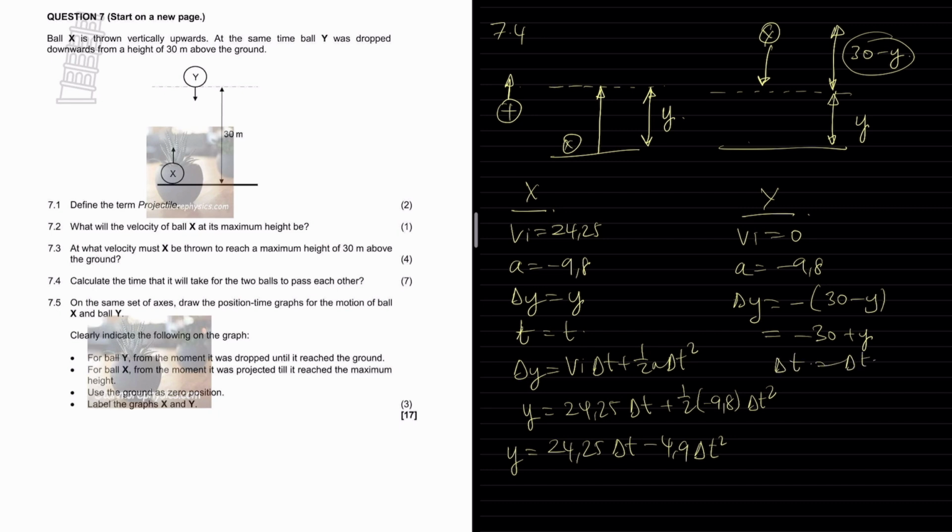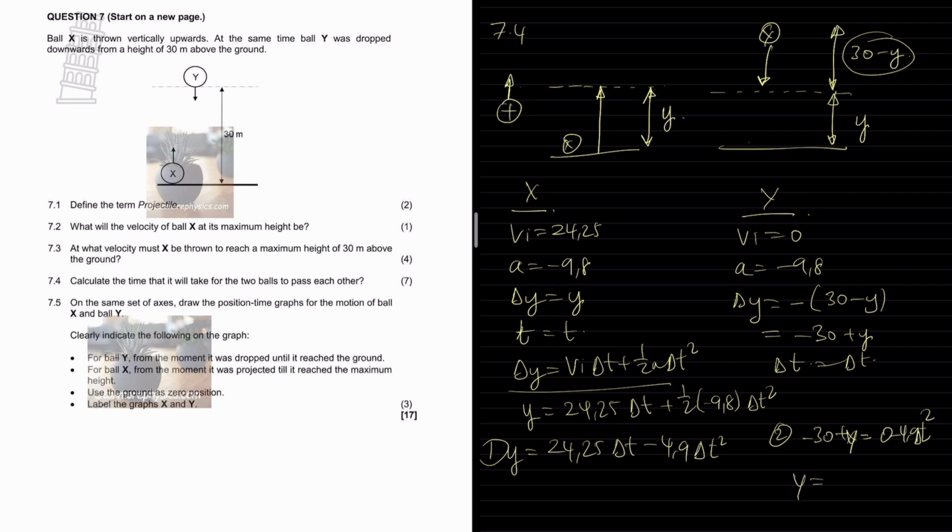So we'll use the same equation. So this will be our equation 1, and our equation 2 will be minus 30 plus y. So we're using the same formula. It is going to equal 0 minus 4.9 delta t squared. So we rearrange here, and we'll get y.